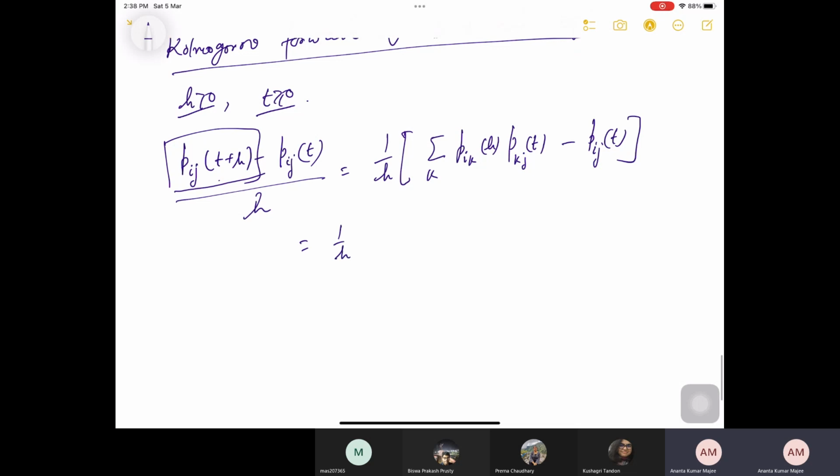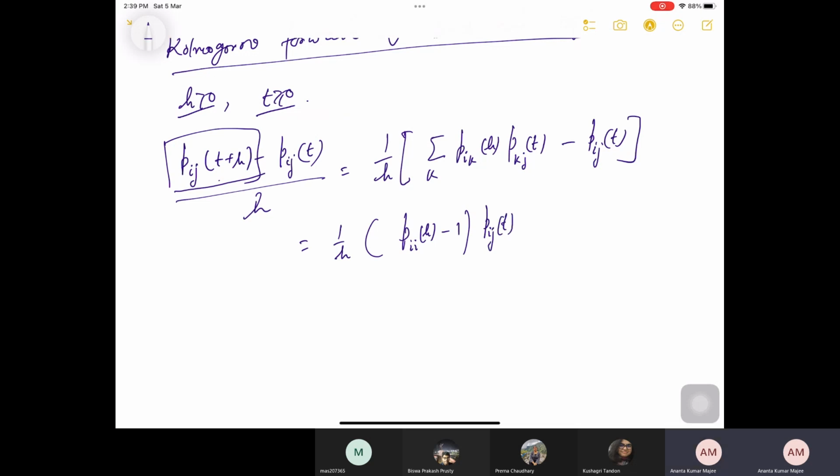So now this part I can write down as 1 by h. If I put k equal to i, this is Pii of h, and then I have Pij of t, so I can take it common. So what I have is Pii of h minus 1 times Pij of t.